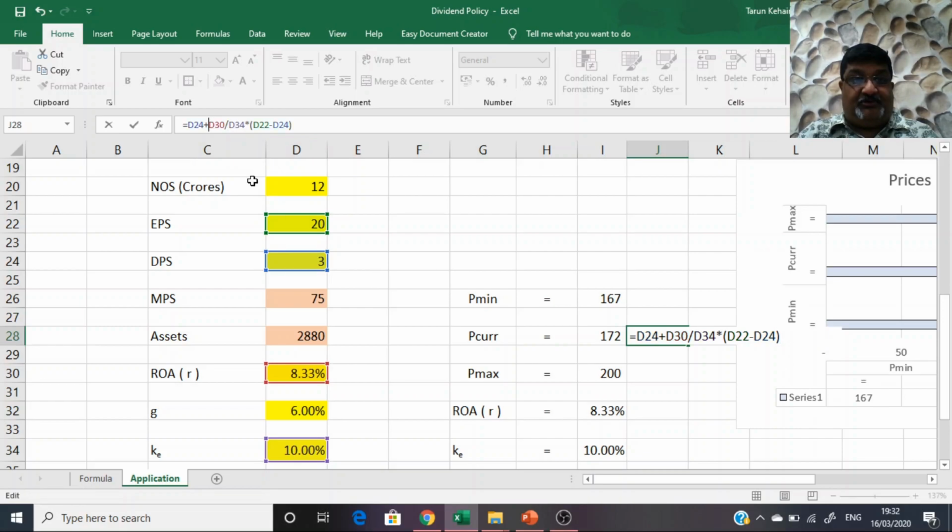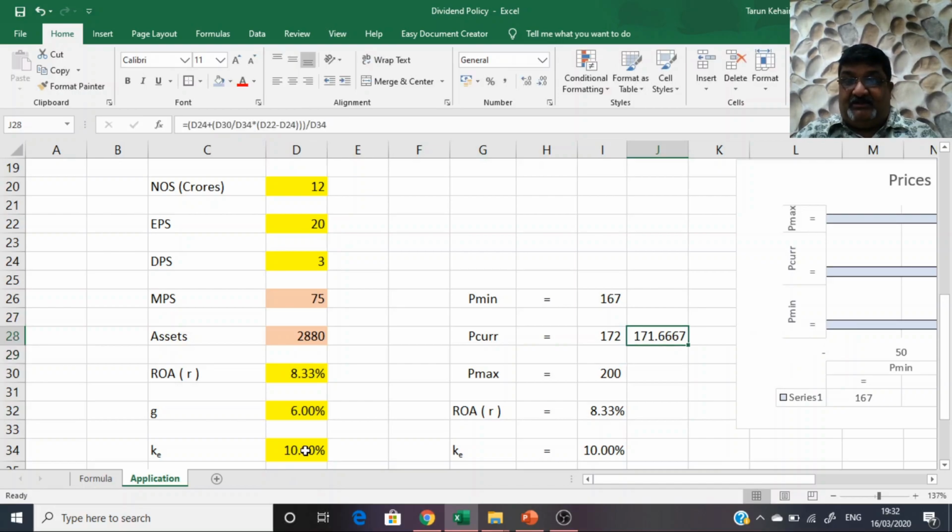I put this in the bracket, and the whole thing is divided by the cost of equity, which is 10%. So I get 172 rupees as the current forecasted price with the Walter's model.